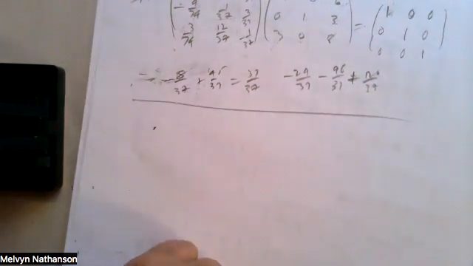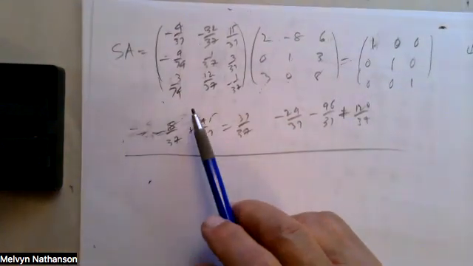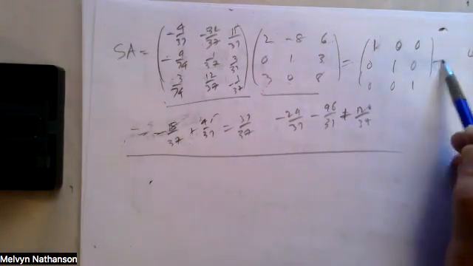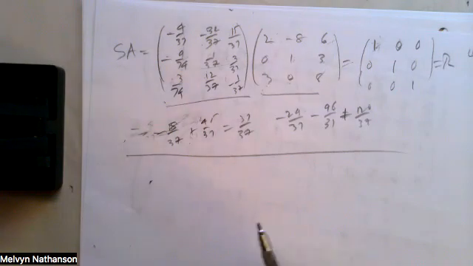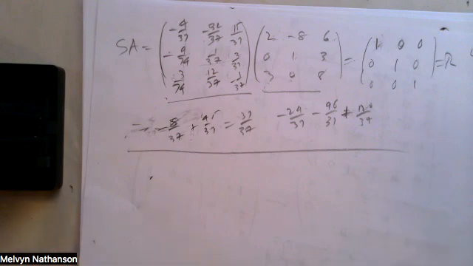So if you check the arithmetic, I finally got it. So this is my S, this is the original matrix A, and this is the R. When you reduce this matrix, you get the identity. Oh, that's a lot of work.